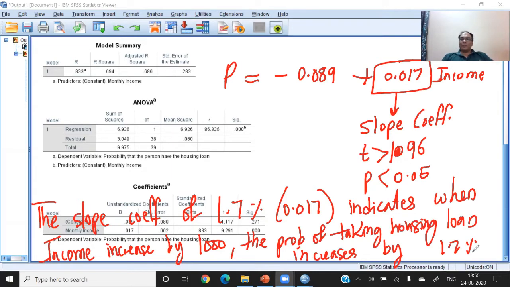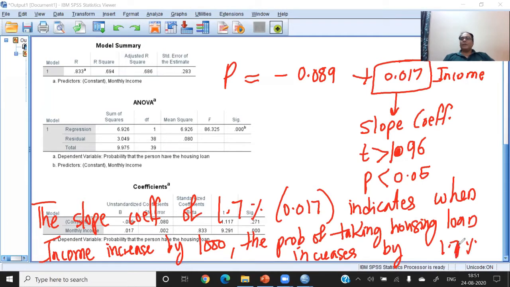And this point is very important, I'm telling you, because without understanding this, you cannot understand logistic regression. So that's why I'm moving slowly and explaining the basic concept. Now, I hope you understand what the beta is. Beta means when income increases by 1000, the probability of taking a housing loan increases by around 1.7%.